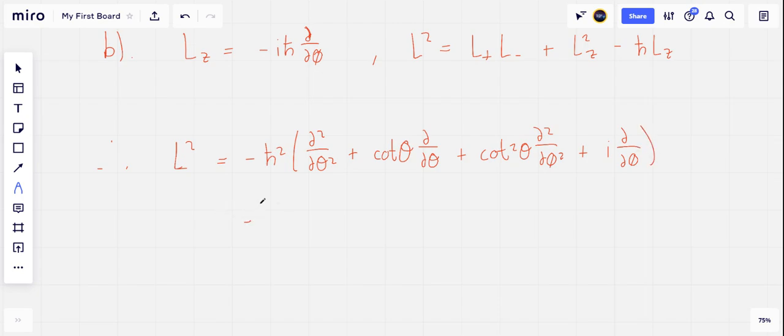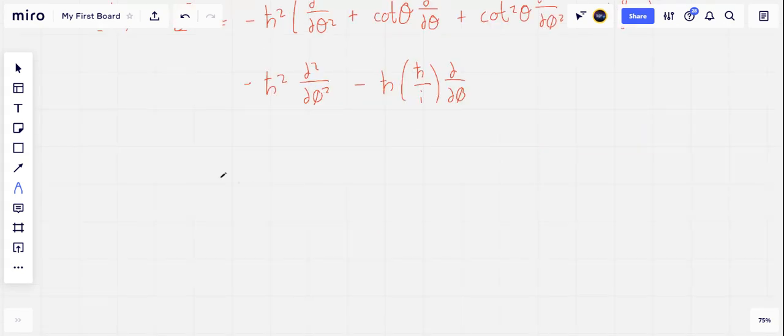And this is minus h bar squared d2/dφ² minus h bar times h bar over i times d/dφ.